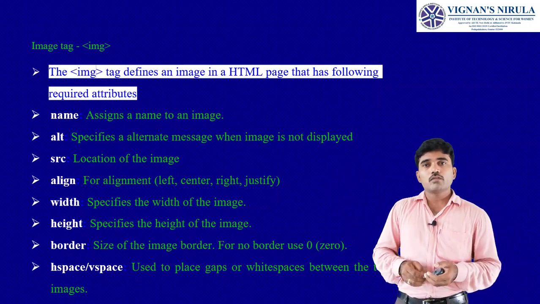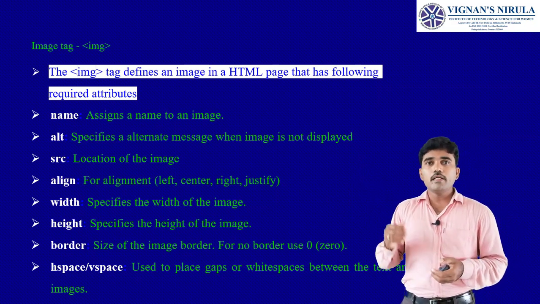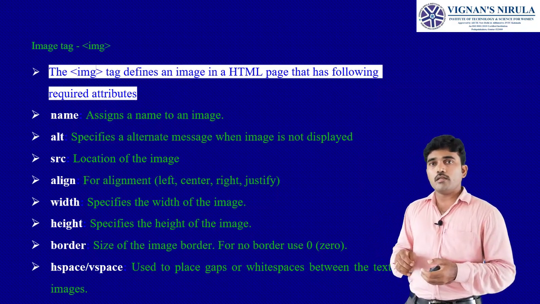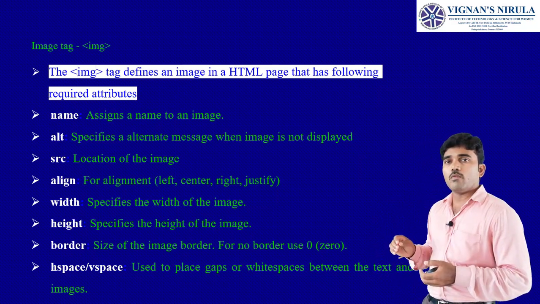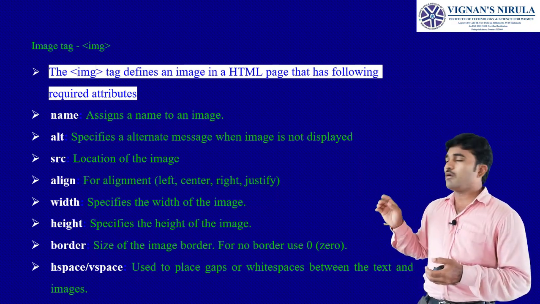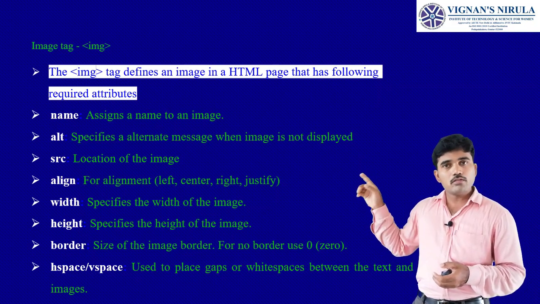The first attribute is name. It assigns a specific name to an image. That means in your web page, if you move your mouse pointer onto the image, the name is displayed, if you mentioned it using the name attribute.